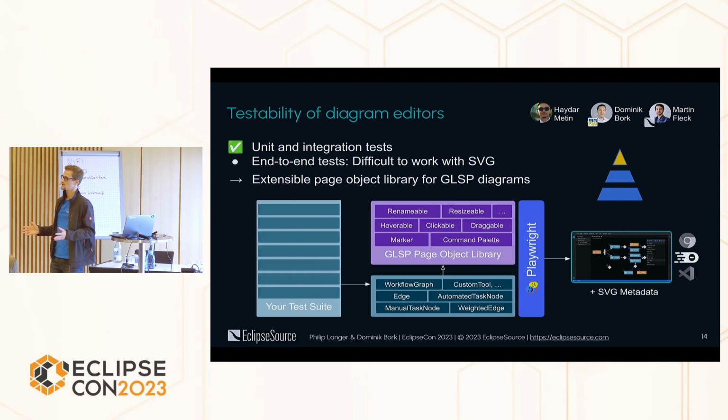So we all know, of course, complex diagram editors contain a lot of logic and functionality, so I don't need to convince you that it's extremely important to have great testing support, and that means that your diagram editor needs to be testable.